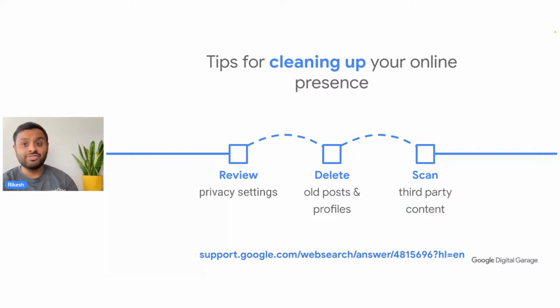We can also scan third-party content. What I mean by scanning third-party content is that you can just Google yourself. As daunting as it may seem, Google yourself and see what comes up about you. Then you can go into each one of the things that are searchable about you, and see whether you, first of all, want that to remain.